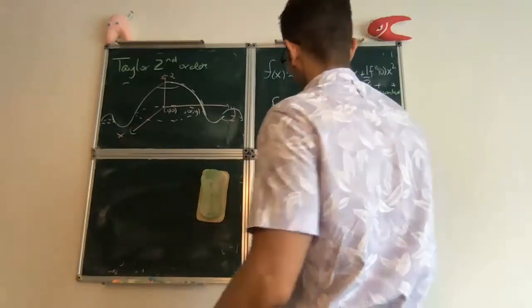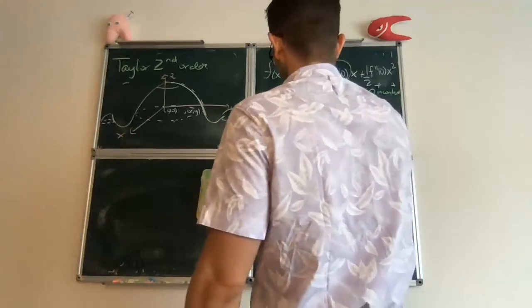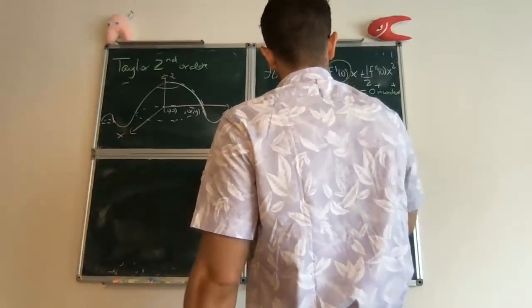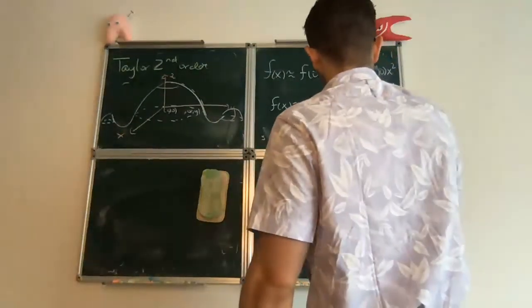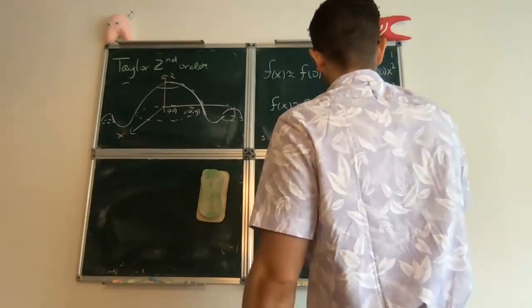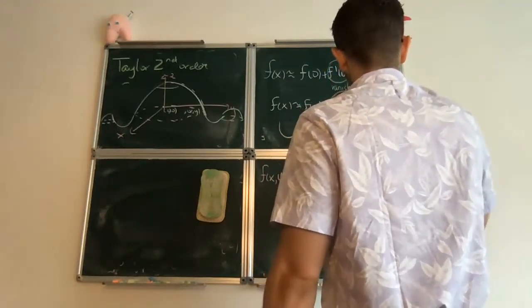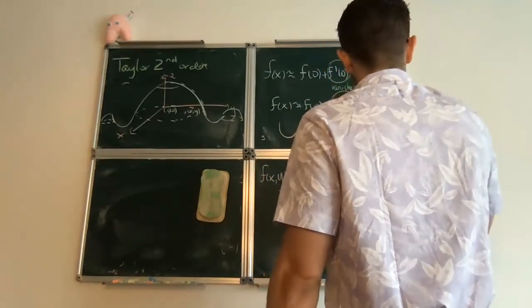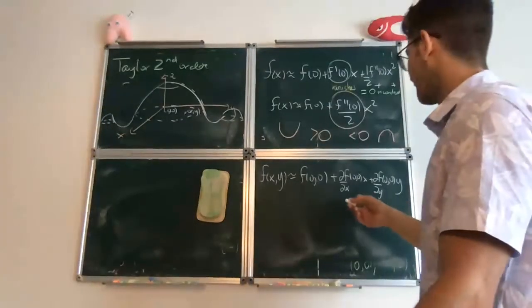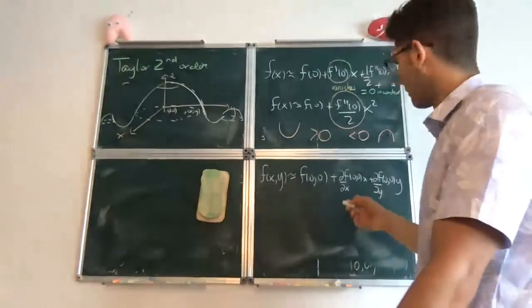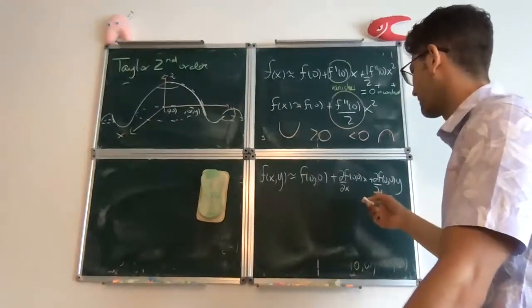And so you see f of xy would be approximated by the value at the origin. And now you get the partial derivative with respect to x at the origin times x plus the partial derivative with respect to y evaluated at the origin times y. And so this is again the stuff that we saw earlier when we did the linear Taylor approximation.